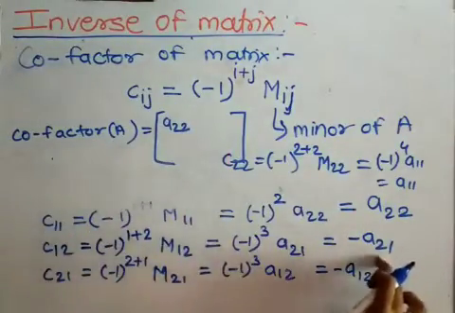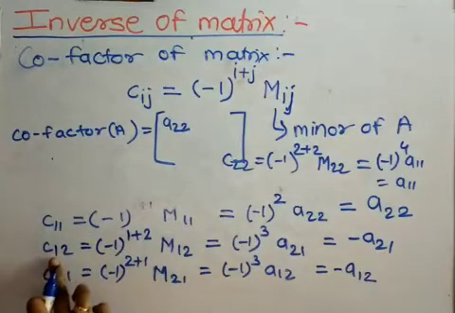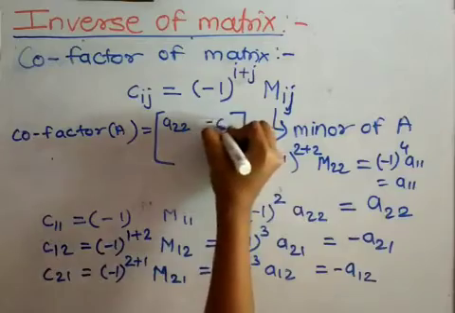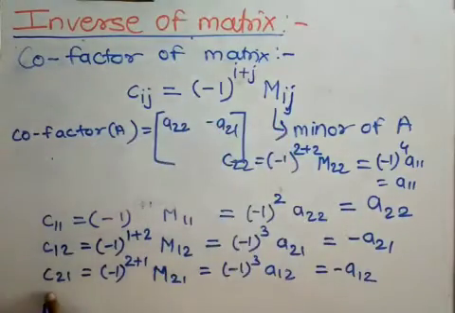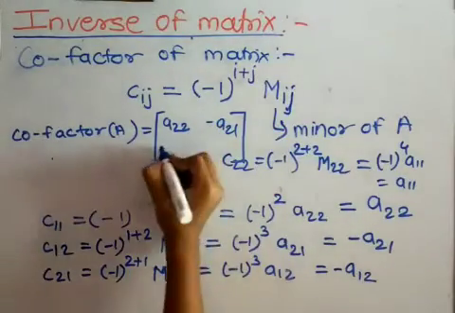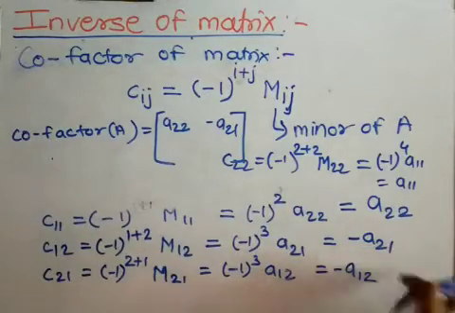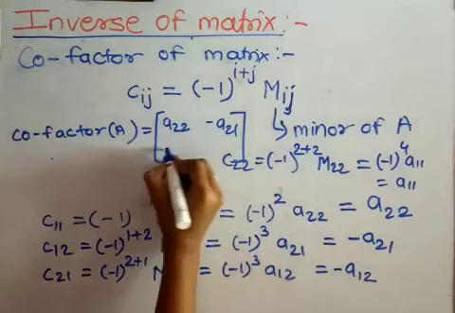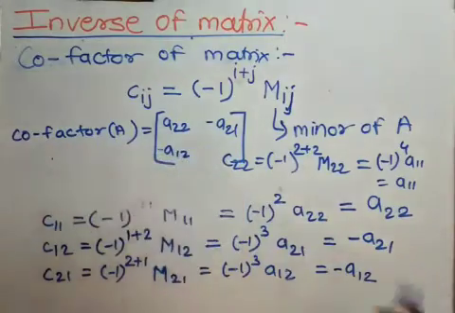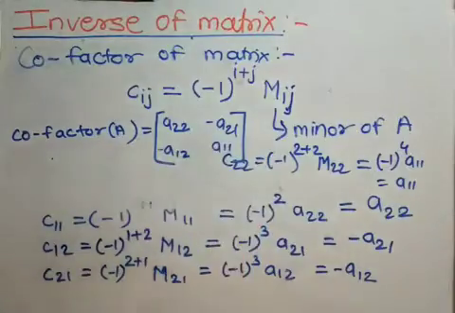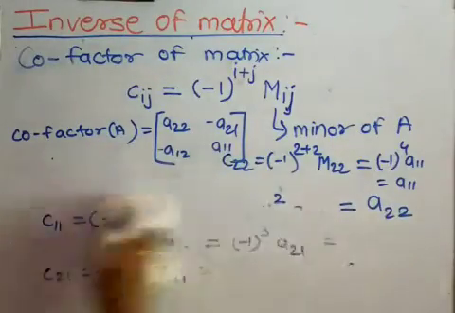C12, in the first row and second column, is minus A21. Next, for C21, the answer is minus A12, right? And for C22, the answer is A11. Okay, this is our cofactor matrix of A.